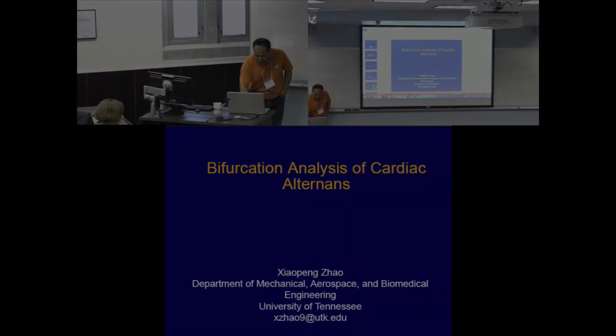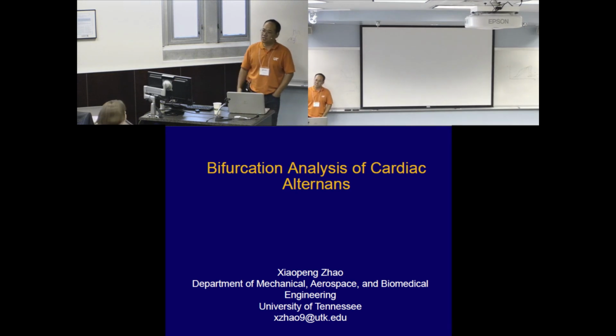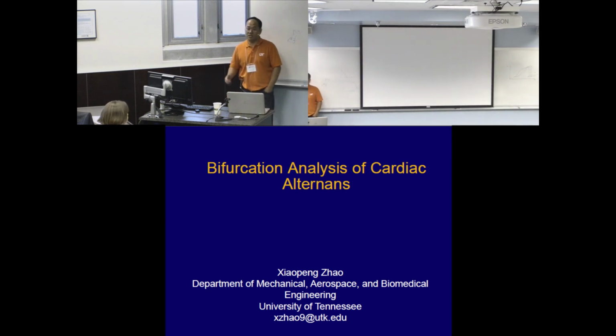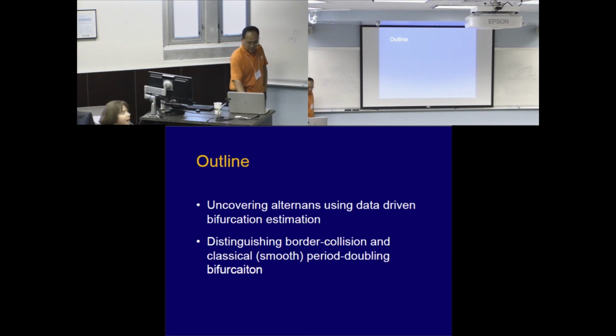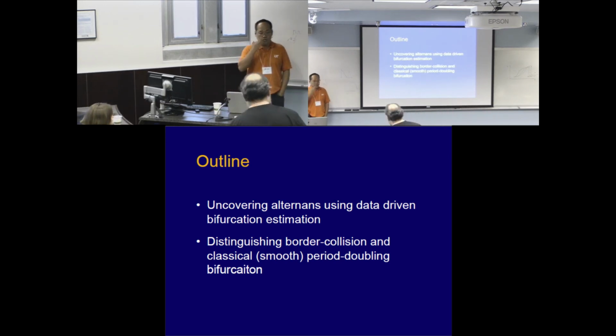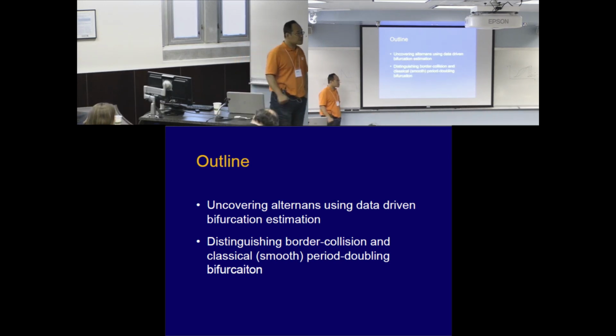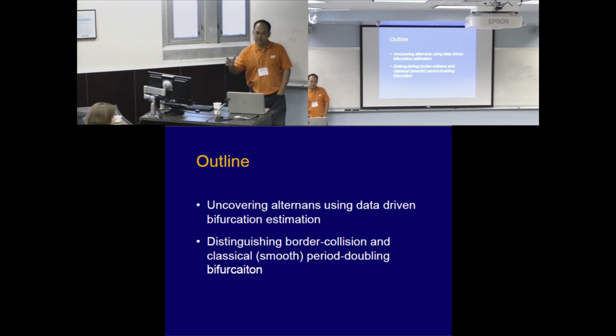So I want to continue to discuss alternans from the perspective of dynamical system theory, and I will touch on two topics. The first topic is to predict alternans by estimating the eigenvalue of a cardiac system.